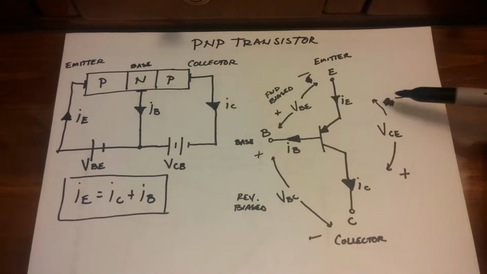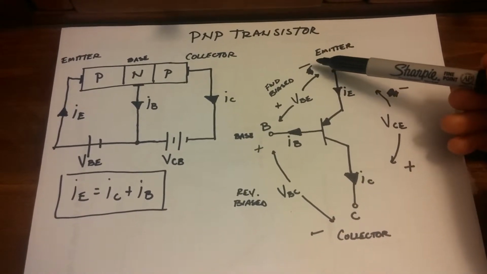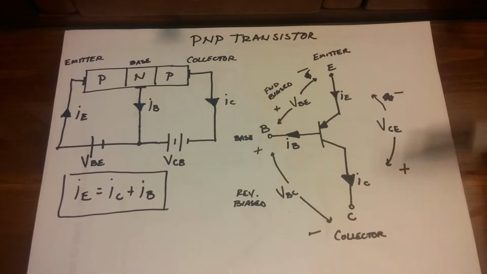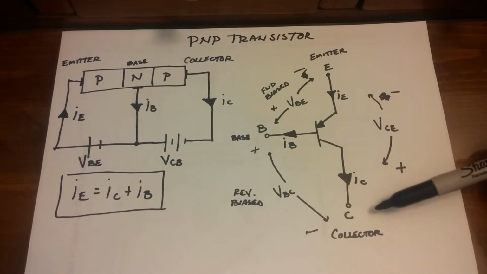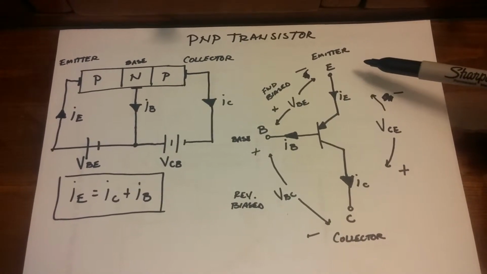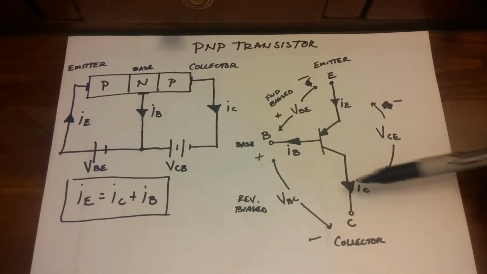I mixed up my sign convention at first, but going back to this, I'm labeling E as negative and B as positive, as well as the collector being positive, to show potential difference going these ways and causing this current to flow.